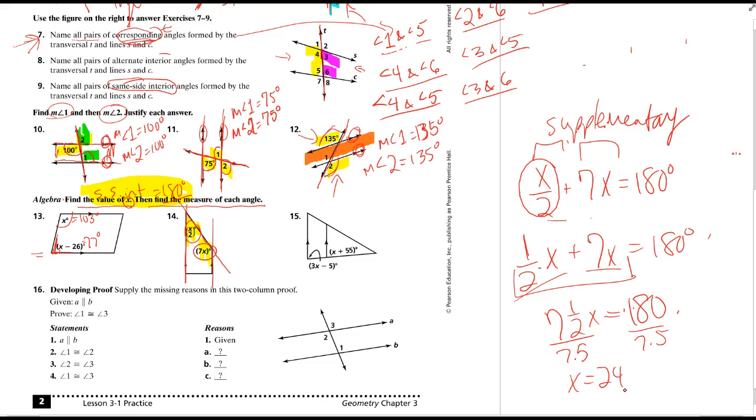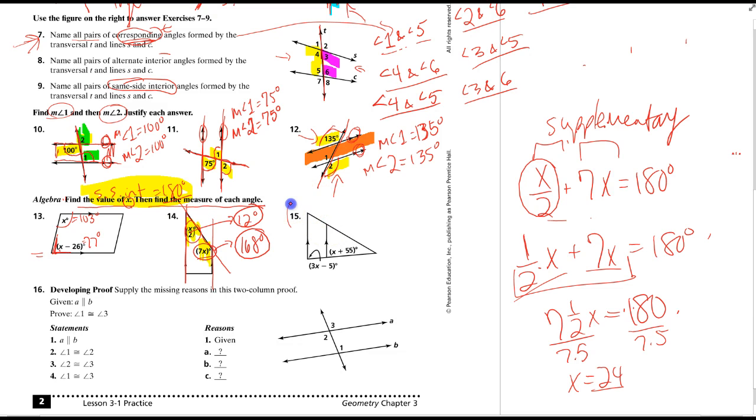So if x equals 24, then this angle would be 12. And this angle would be 7 times the x, which would make it 168. And you know what? When I add these two together, I get 180. And so that confirms that they're supplementary.